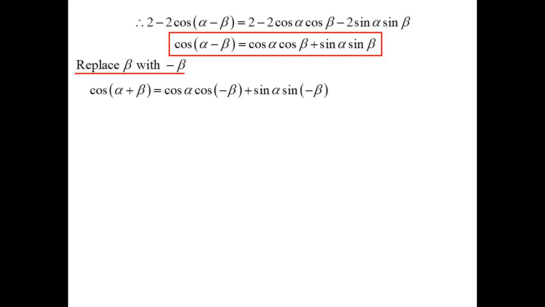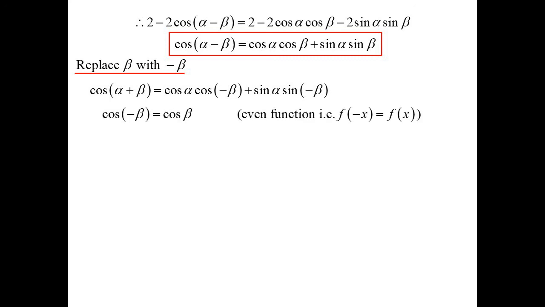Now, let's replace beta with negative beta. So cos alpha minus beta becomes cos of alpha plus beta. And then we get cos alpha cos negative beta, sine alpha sine negative beta. But now I'm going to take advantage of odd and even functions. Cosine, even function.